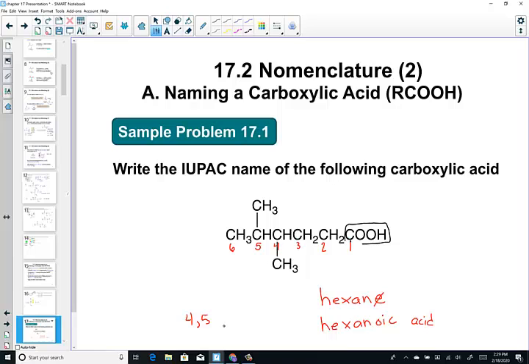At 4, 5, we have a methyl group. We have 2 methyl groups, so I'll put 4,5-dimethyl hexanoic acid, and that should be all one word. So how does that feel? Hexane simply becomes hexanoic acid, and just simply number the branches from there.